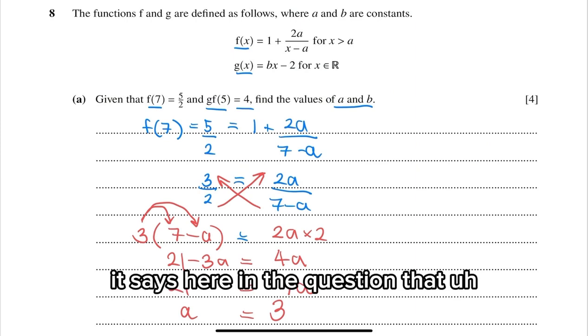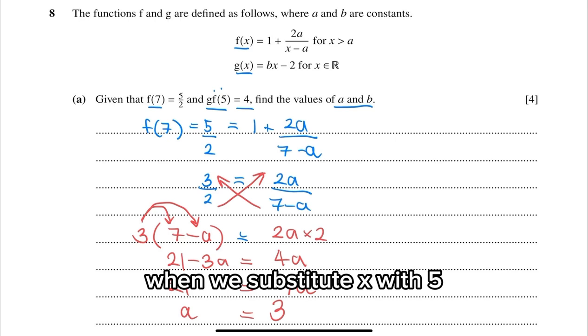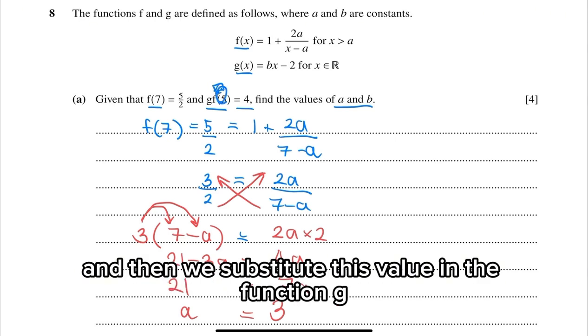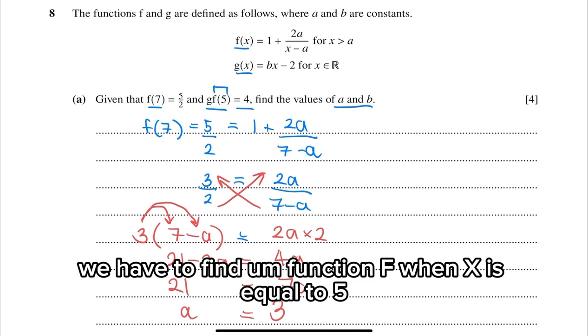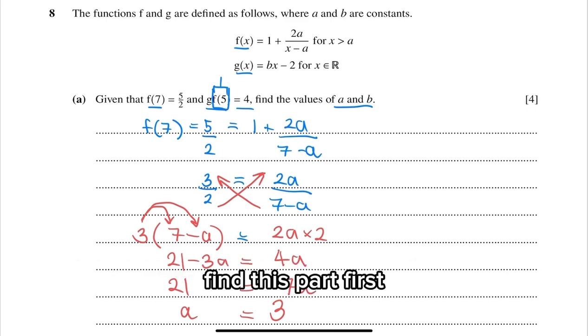It says here in the question that when we substitute 5 into f and then substitute this value in the function g, we'll have 4. So we'll go step by step. We have to find function f when x is equal to 5. I have to find this box first.